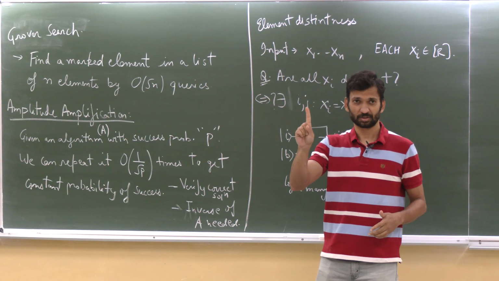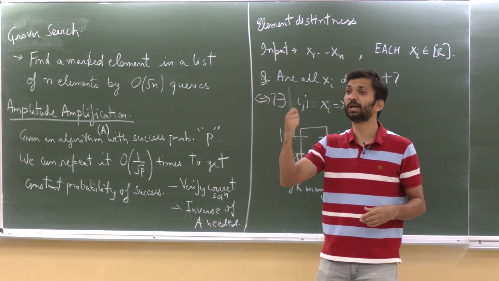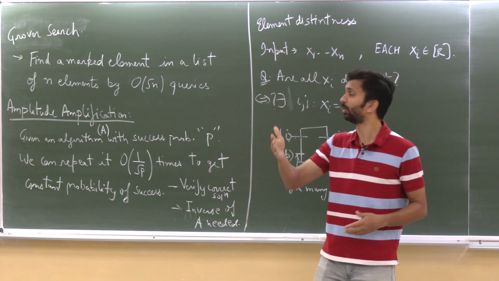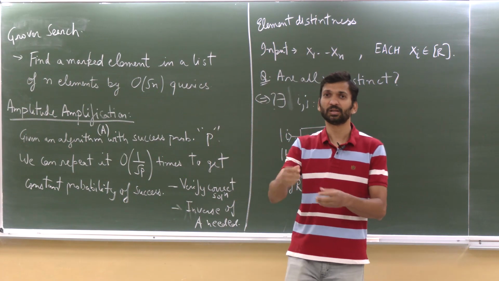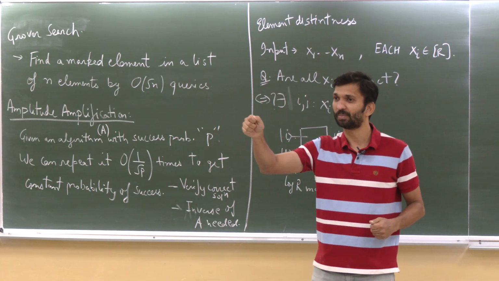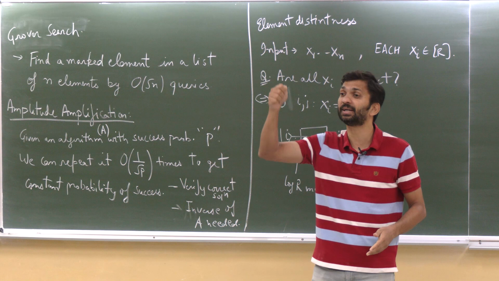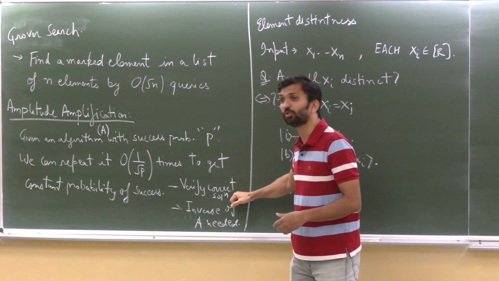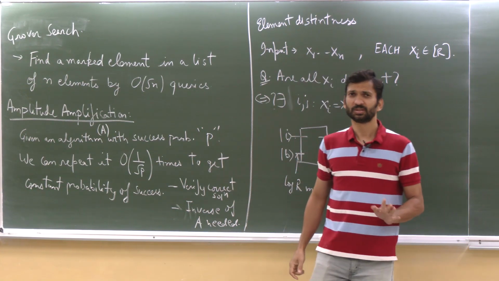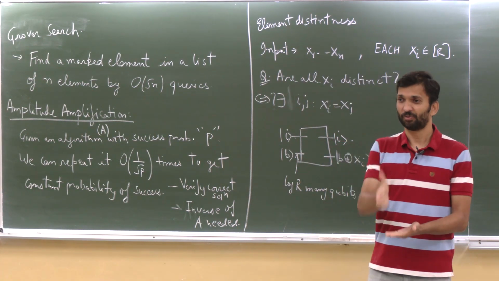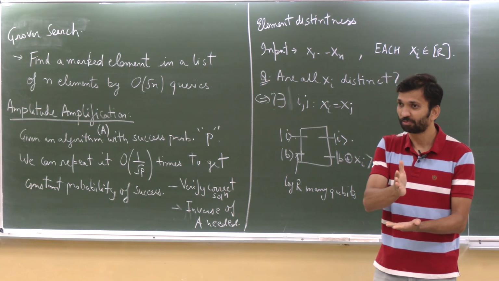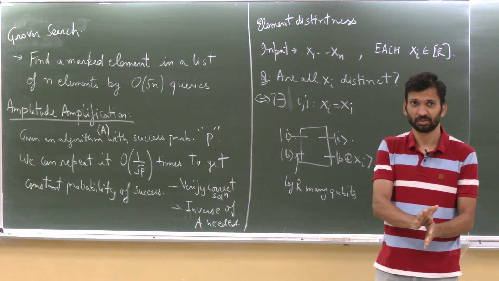That's the ability to know whether something is marked or not. It's equivalent to having an oracle which says that my element is marked. It doesn't find the marked element, it tells me whether the element is marked or not. So we need to be able to verify correct solutions. This difference is clear, right? Verifying a correct solution is a much easier task compared to finding the correct solution.